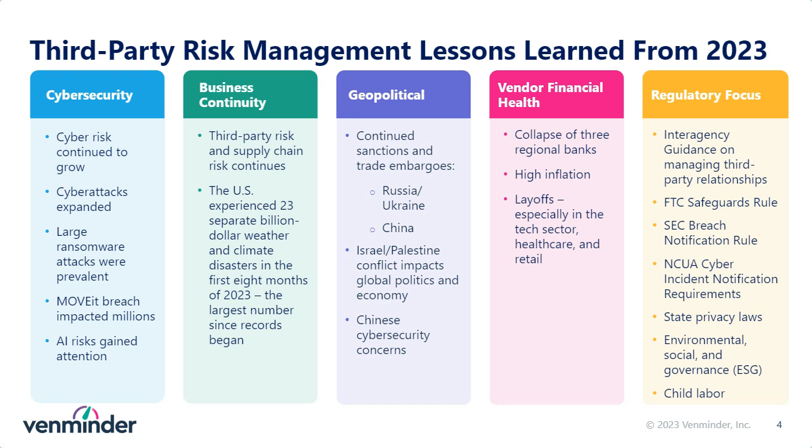We're talking about layoffs in the technology, healthcare, and retail sectors. Regulations are always changing. In 2023, we saw a very highly anticipated release. That's the interagency guidance. We'll talk more about that and some others that we'll highlight today. So let's take some time to examine these topics a little more closely.